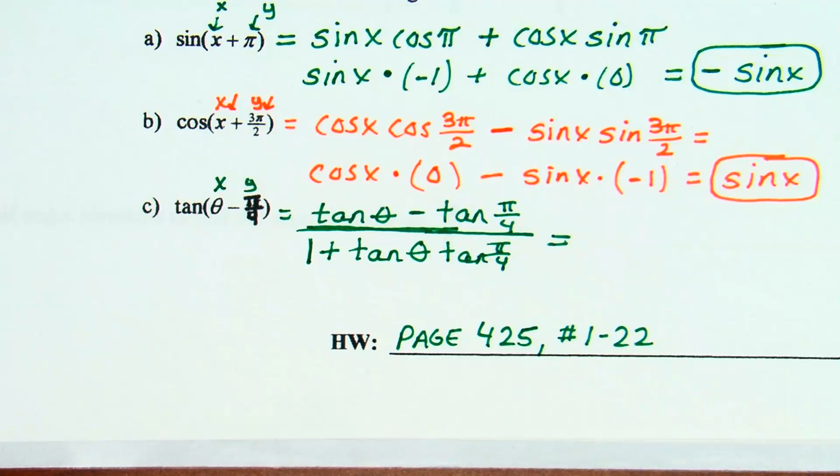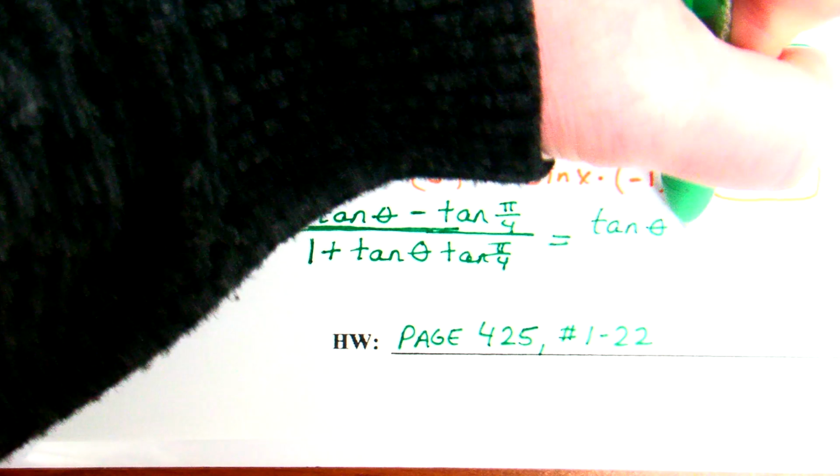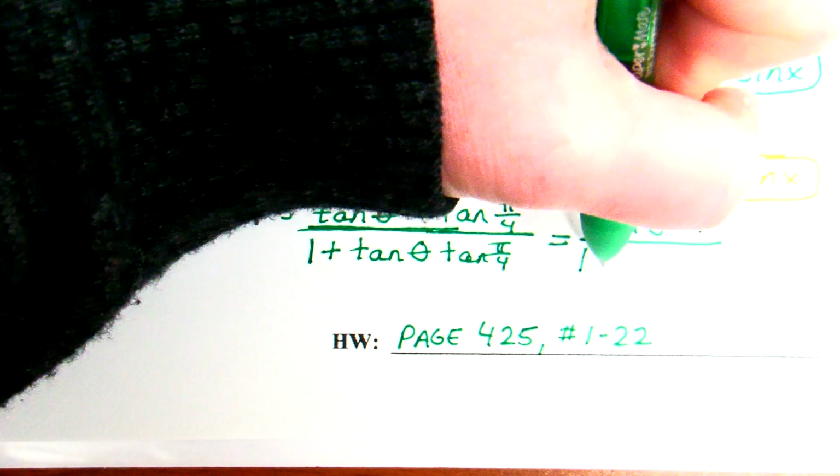What's the one thing I can replace? What's tangent of pi over 4? 1. According to my chart, tangent of pi over 4 is 1. So I have tangent of theta minus 1 over 1 plus tangent theta times 1.